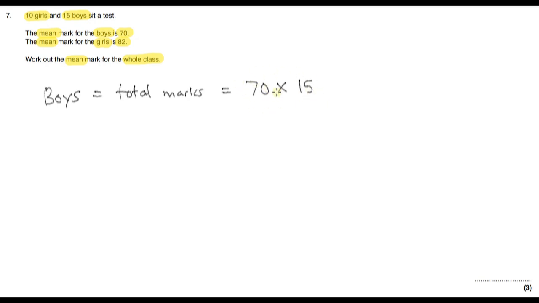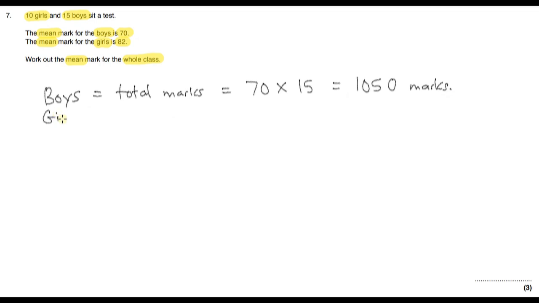Hopefully you can see why that is. 15 boys sat the test and the mean mark was 70, so the total number of marks will be 15 times 70. So what's that? Well, 15 times 7 is 105, I believe. And then we can just add a 0 on the end there. So 1050 marks. That's how many marks the boys got in total.